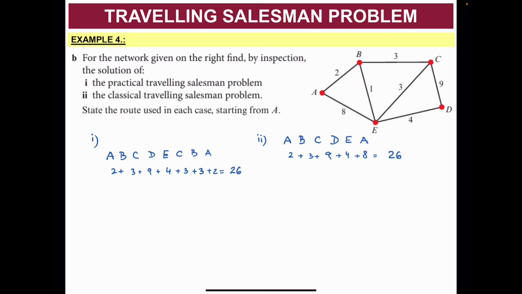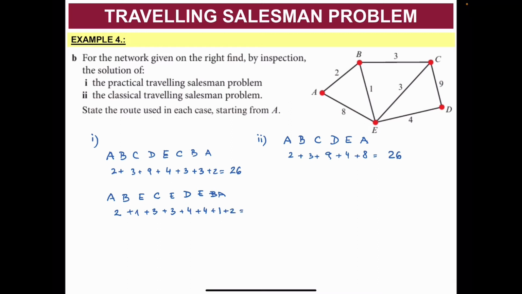However, there is another solution. If I go from A to B, that is 2, then I go to E, that's 1, then I go to C, that's 3, then I go to E, then it's plus 3 again, then I go to D, that's 4, then it's E, I'll go back, that's another 4, then I go to B, that was the shorter one, plus 1, and then I go back to A, and that's plus 2.